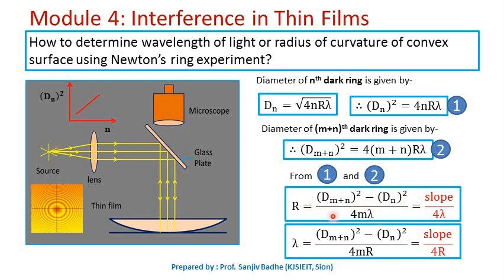So we will substitute slope of the graph in this relation and we will calculate the value of r to be equal to slope upon 4 lambda and lambda to be equal to slope upon 4 r. So multiple readings are taken in order to reduce the error in the measurement and therefore in the calculation.